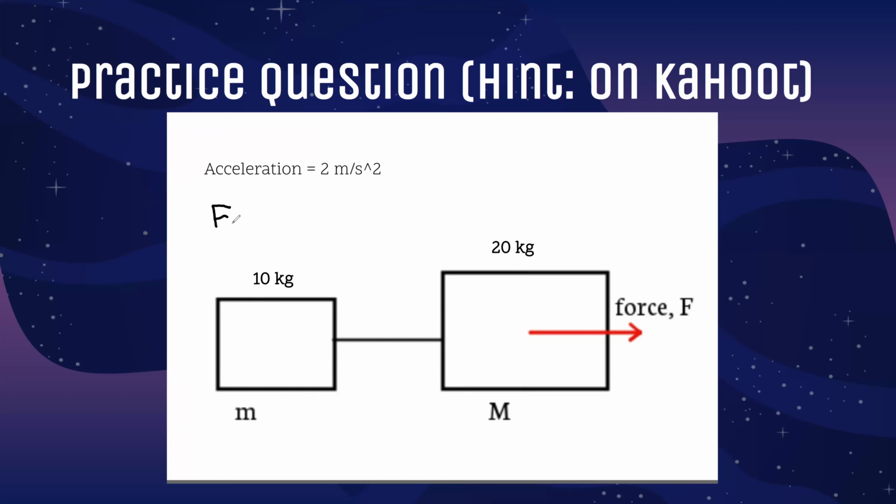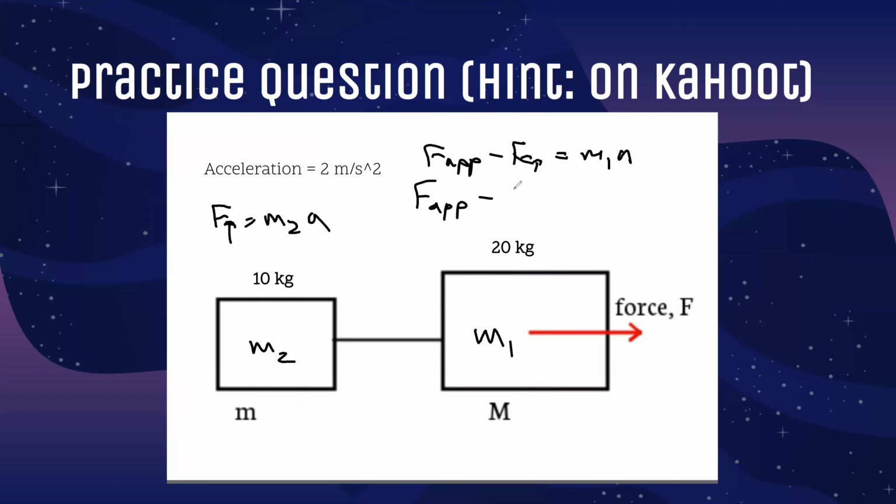FT equals m2a, right? And we know that F applied minus FT equals m1a. We don't know FT, so we could say F applied minus m2a equals m1a. And the acceleration will be equal on both sides because it's a system, right?